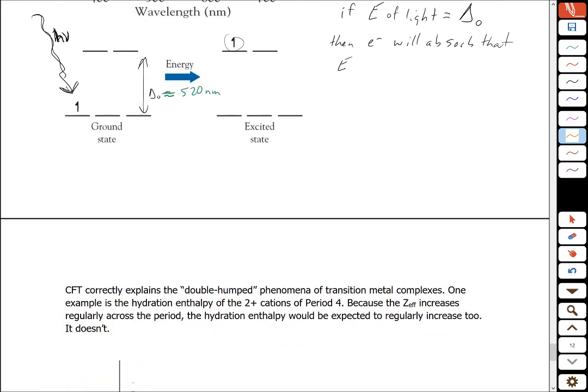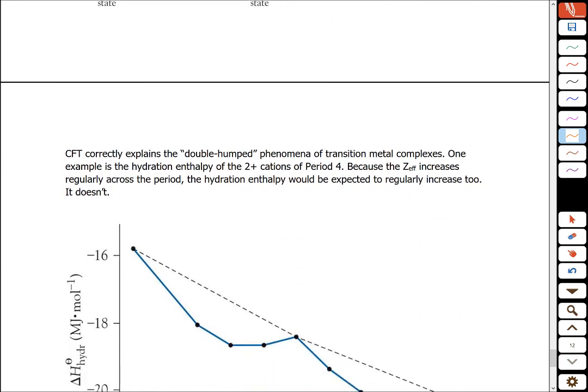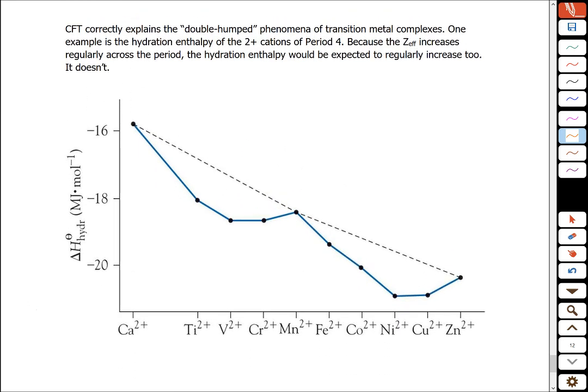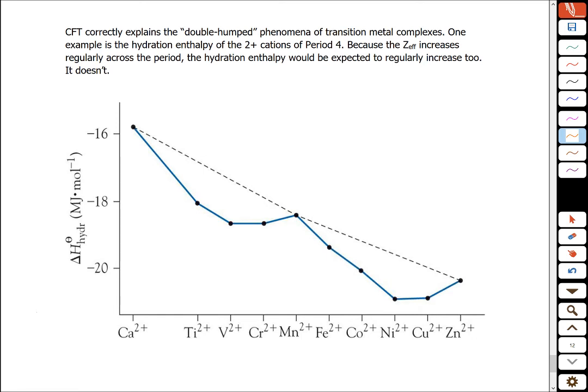Okay? And then the last thing that I want to talk about is how do we know that this is in fact true? How do we know that the d orbitals do in fact split? Is we can do one more experiment, and that experiment is where we can measure the enthalpy of hydration for the transition metal complexes.